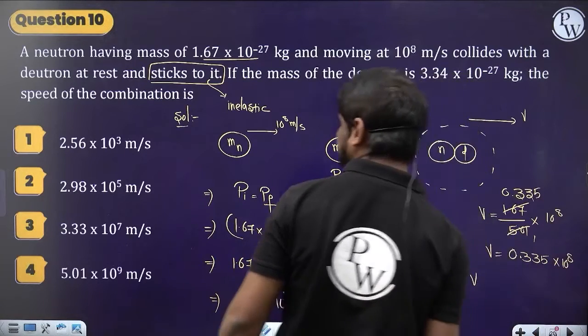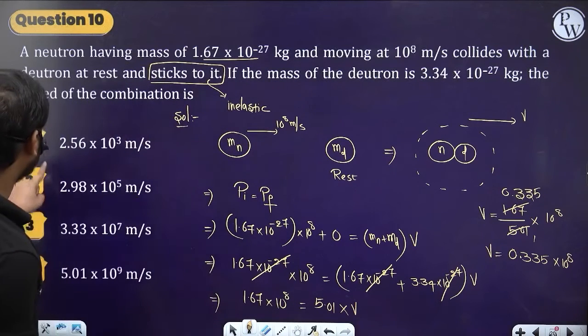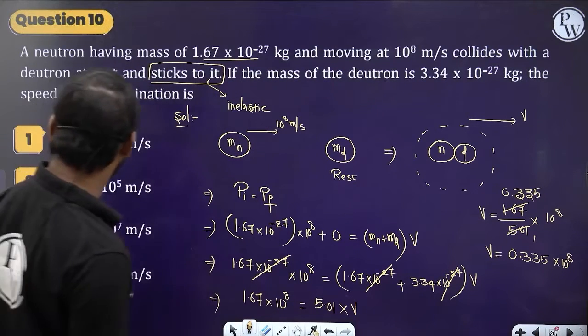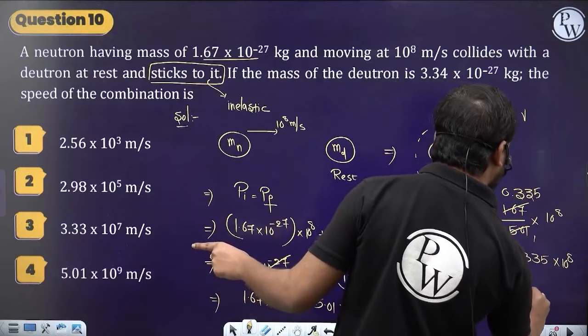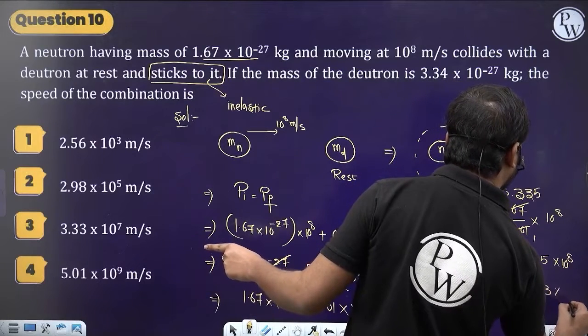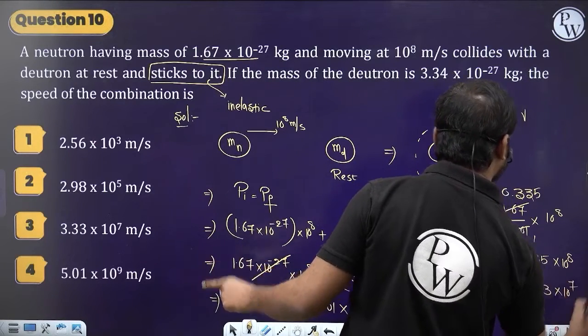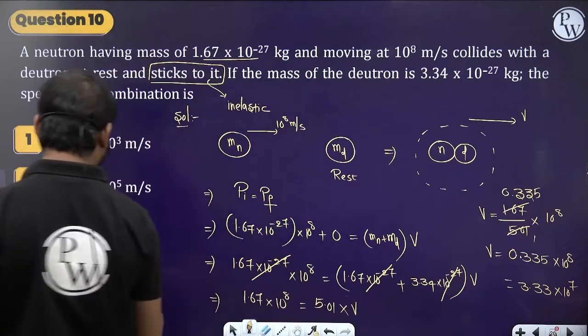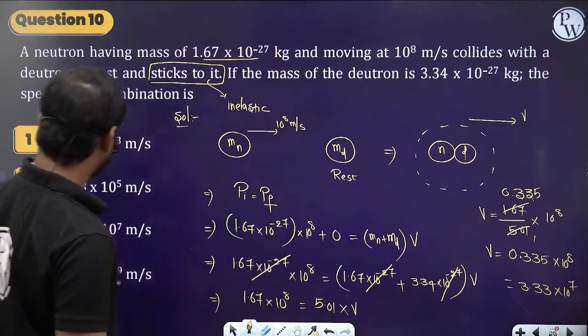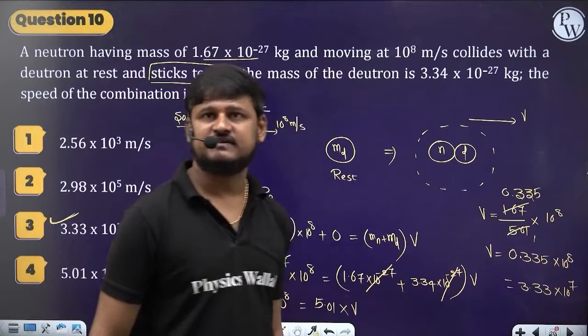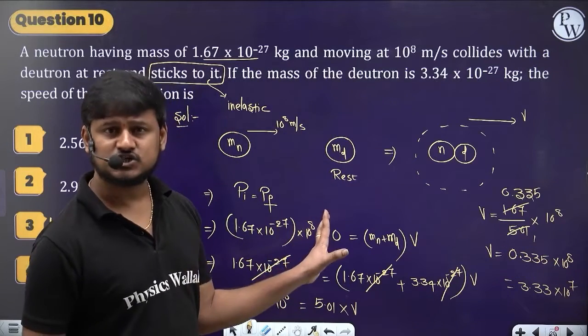So check the options: 0.335 into 10 to the power 8, so I can write 3.33 into 10 to the power 7. Yes or no? So I have got this option, the closest option: 3.33 into 10 to the power 7. Clear guys? Understood the concept?